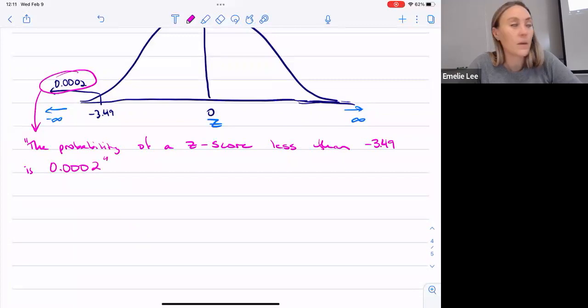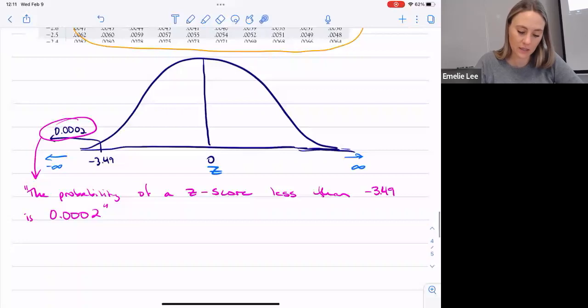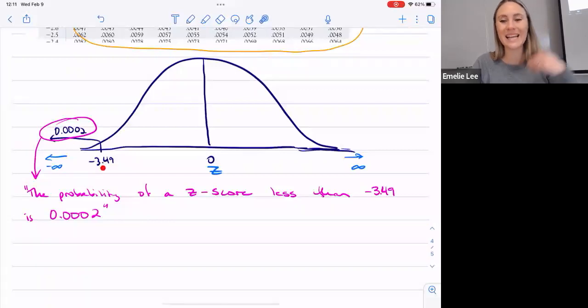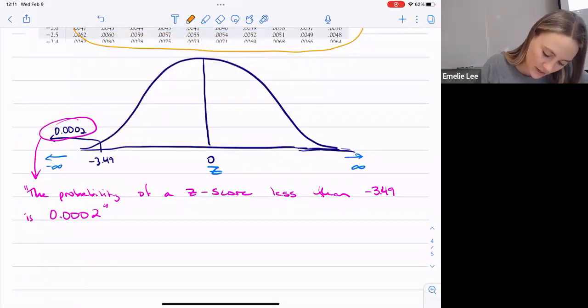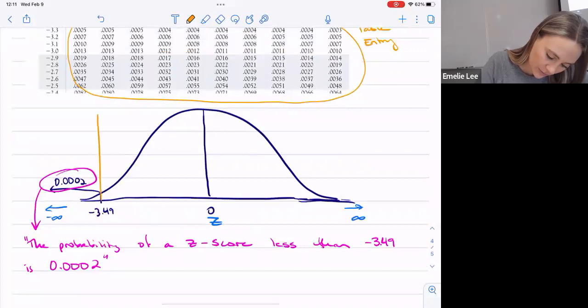The thing to keep in mind about the table is that it's always going to be the area to the left. If I know that the probability of being less than negative 3.49 is 0.0002, then what's the probability of being greater than negative 3.49? To find the probability above, we leverage the fact that the total area must be 1.